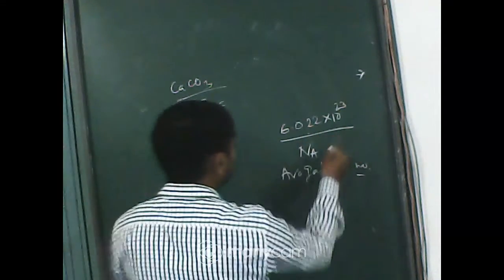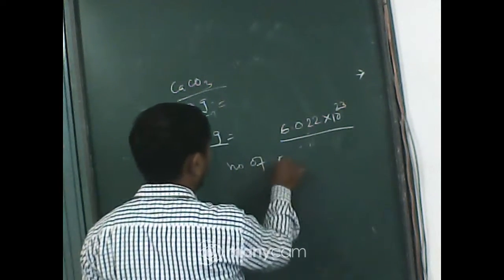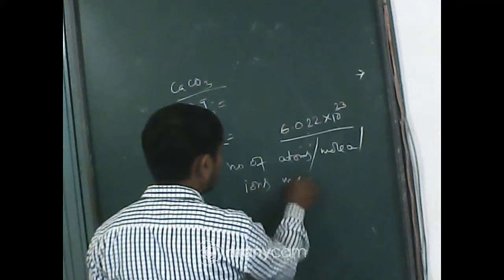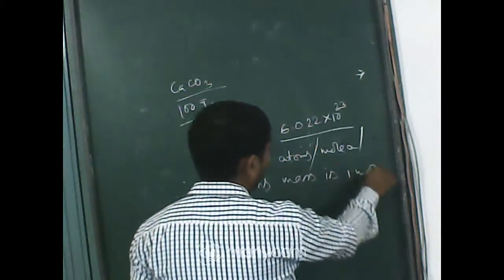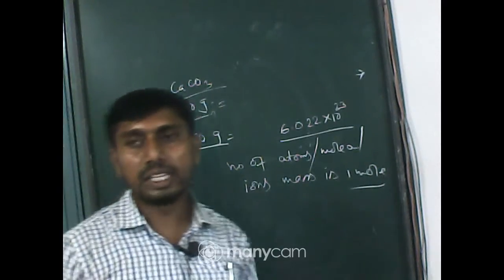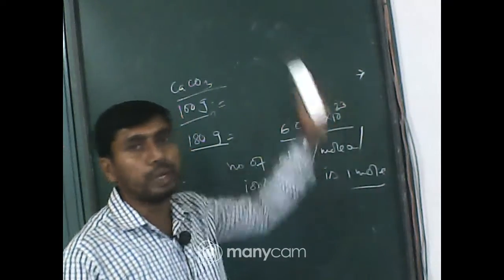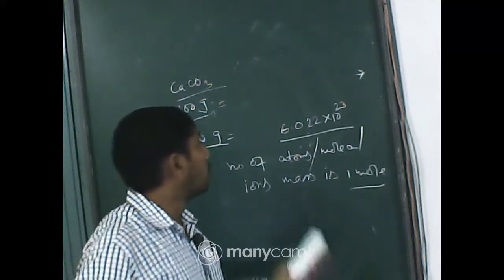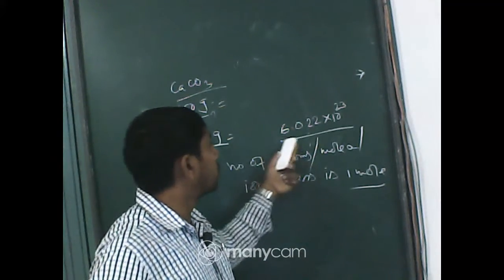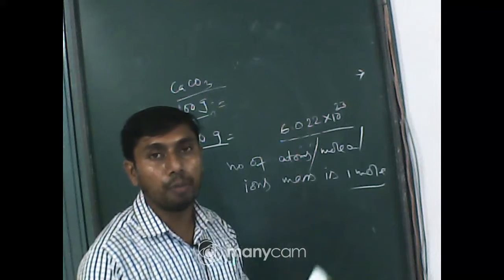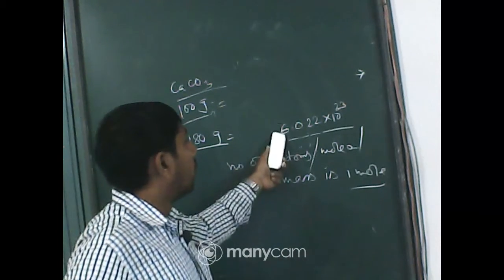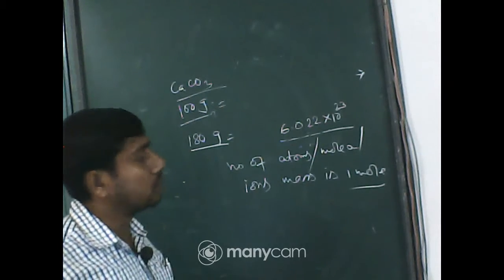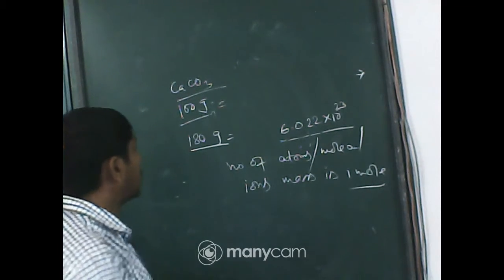So 1 mole of chairs is equal to 6.023 into 10 to the power 23 chairs. 1 mole of chalk is equal to 6.023 into 10 to the power 23 pieces. 1 mole of carbon atoms is equal to 6.023 into 10 to the power 23 carbon atoms. 1 mole of carbon molecules equals 6.023 into 10 to the power 23 molecules of carbon. Okay. So this is the general form.